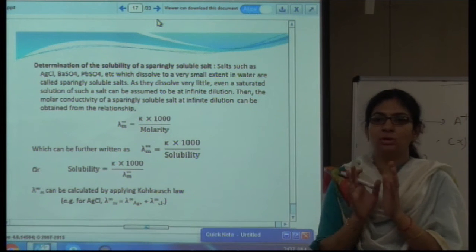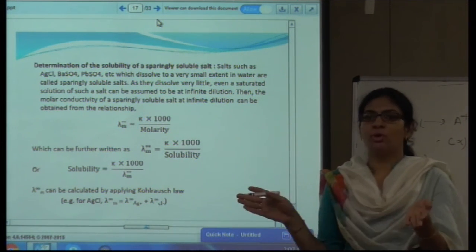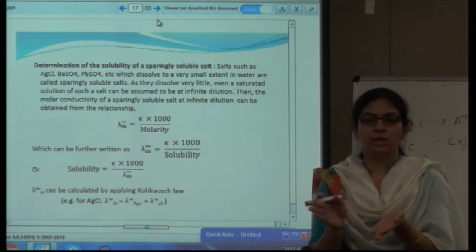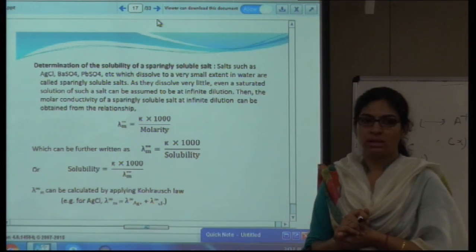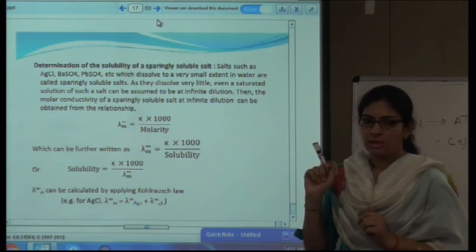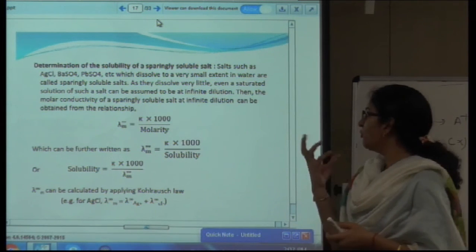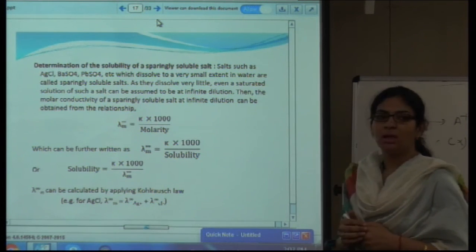You know, polar dissolves polar, like dissolves like; as the polarity becomes less, solubility will also decrease, right? So AgCl, barium sulfate, lead sulfate dissolve to a lesser extent, so they fall in the category of sparingly soluble salt.